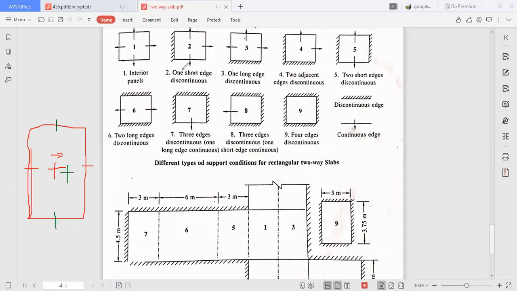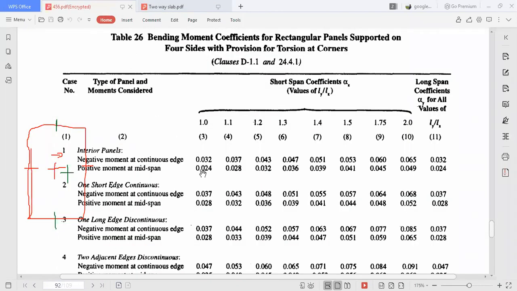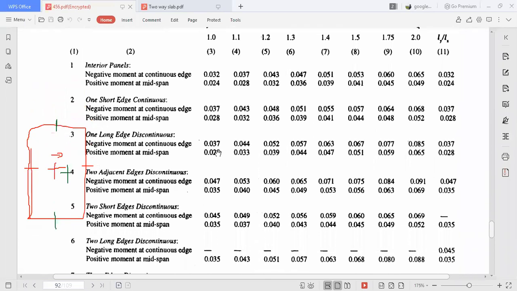Now for this case, let us see the coordinates. One important change you people should remember whenever you take a Xerox of the code book. This is a very, very important change you have to consider. Here, instead of discontinuous, the code printed continuous. You just change this.